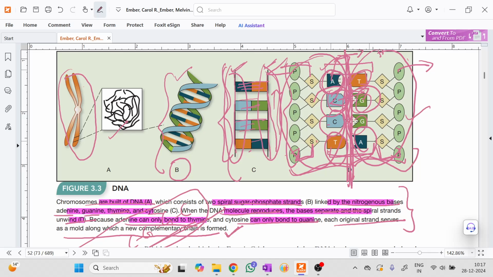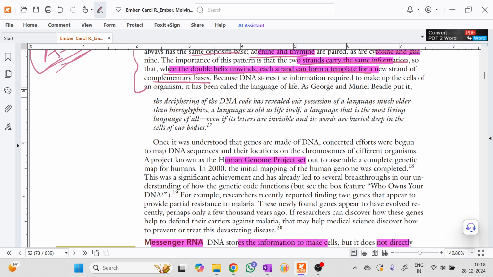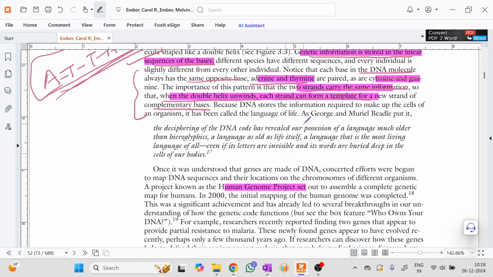And the other principle is that A will only bind with T. So even if it is severed, the template upon which new pairs can be added will not be lost. At any time if you want to join it, all you have to do is bring A with T. And since the information on the left side is not different from the right side, both possess similar information, so they can be unwound and wound again anytime. So this is the beauty of the double helix.